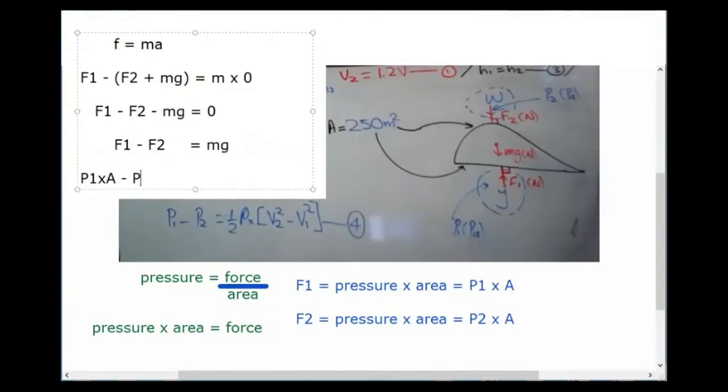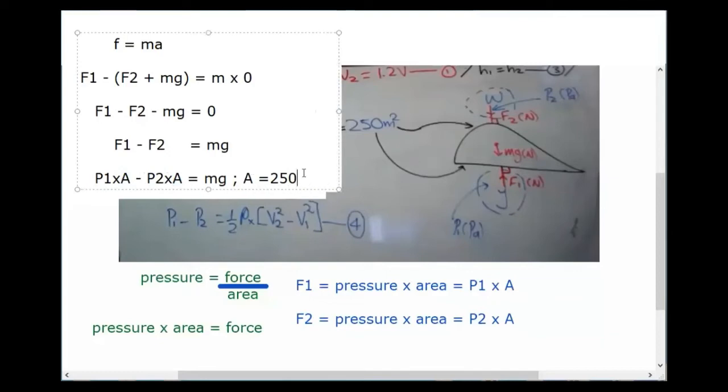P2 into A. P2 into capital A equals mg. Now you should identify that capital A is common. They have said the effective surface area for the pressure force is 250. Capital A is 250 square meter. That is given in the question.